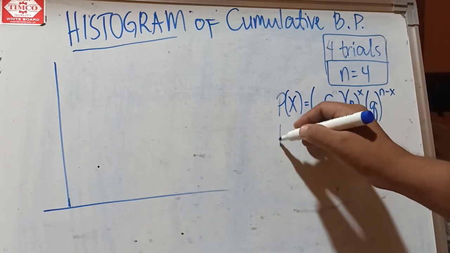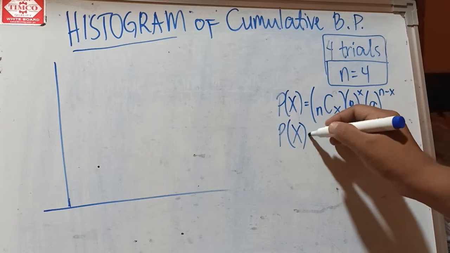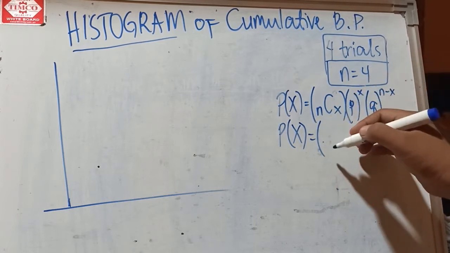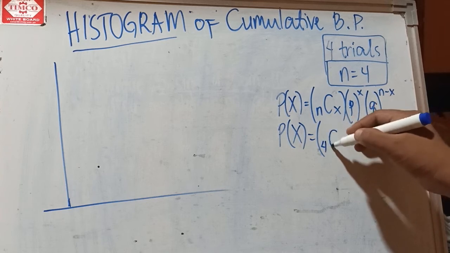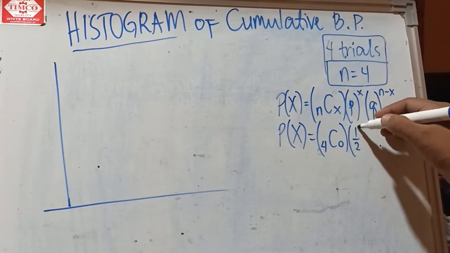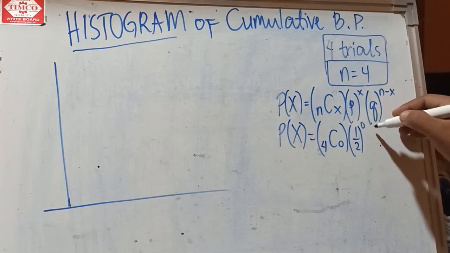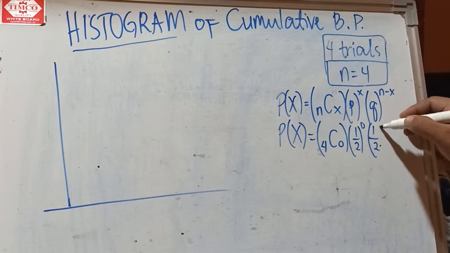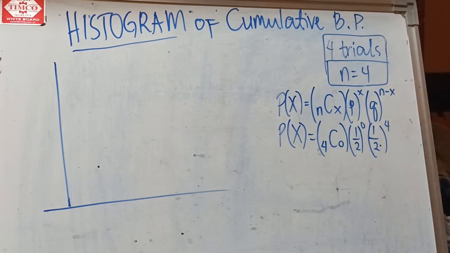So we get P of x, since 4 trials, 4C0. We have 1/2 since this is a coin toss, assuming. So 4C0 times 1/2 raised to 0 times 1/2 raised to 4.